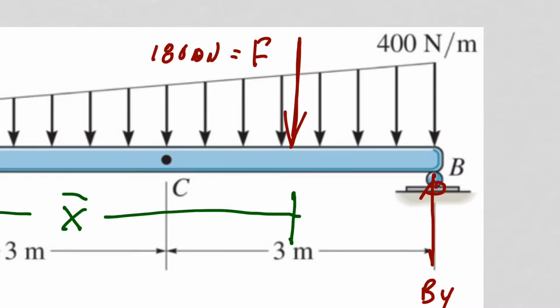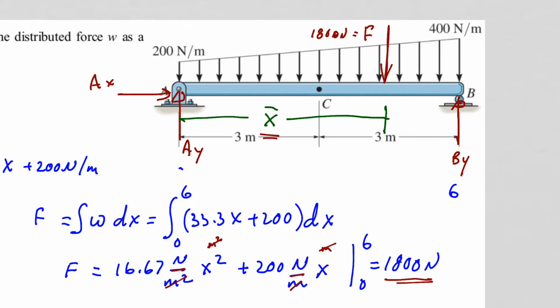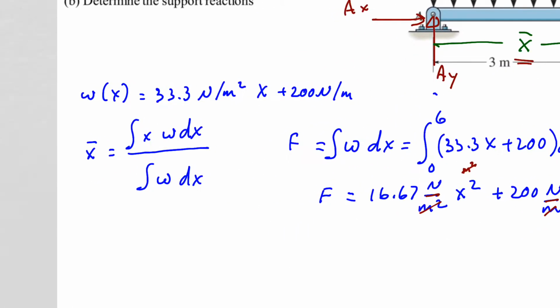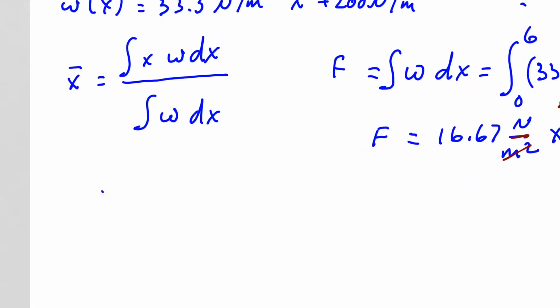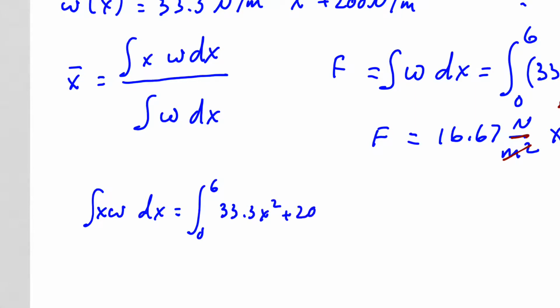Last, we need to find this x bar. So go back to our equation, and we're going to write that out. We will have the integral of x times w dx equal to the integral from 0 to 6 of 33.3x squared plus 200x.